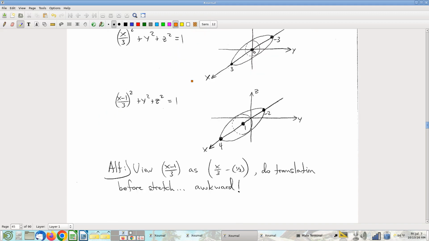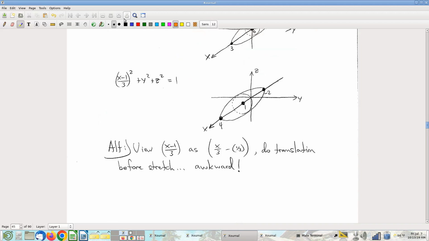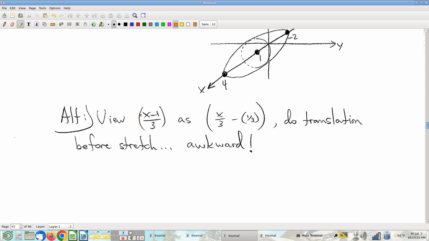Now I will point out, yes, to be fair, if you really want to do it the other way, you can rewrite this like that. That's just a little bit of algebra, very easy. And having written it this way, you can do the subtraction first and then the division by 3, and you get this expression, which, because of the way you pre-prepared it, is in fact equivalent to what you want.